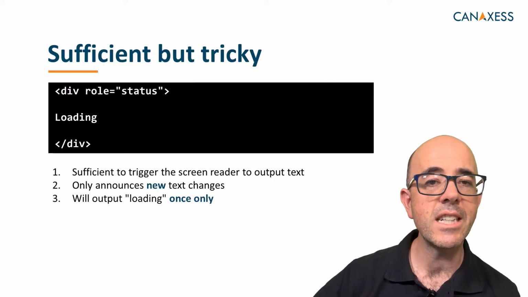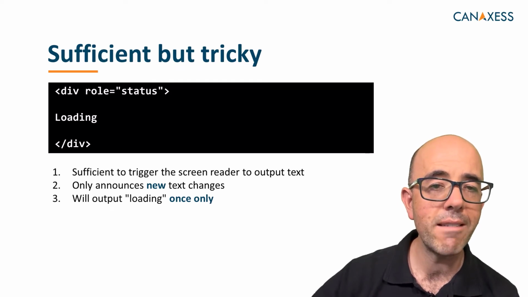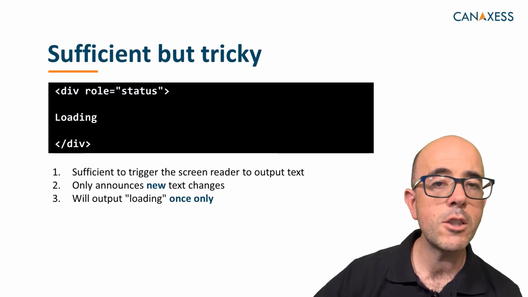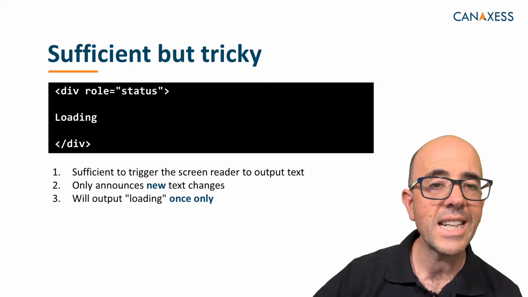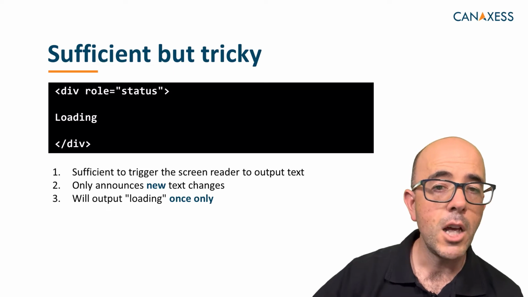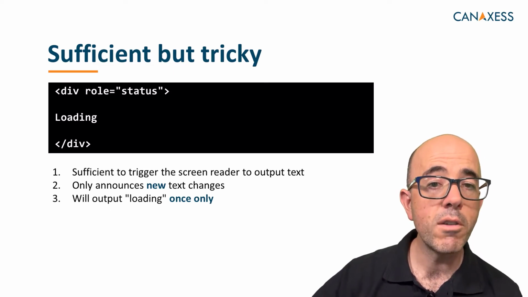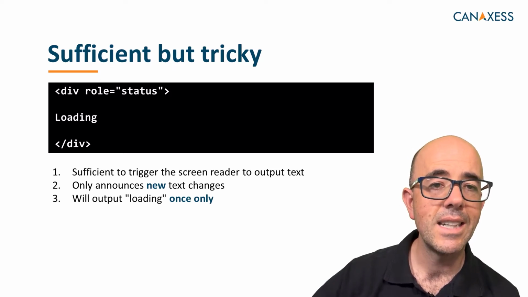Adding the text loading to this container would be sufficient to trigger the screen reader to output the text, but this is where it becomes tricky. A live region only triggers the screen reader to announce new text changes. The first time text is injected into the region, this will be outputted. Using the word loading triggers the screen reader to output loading, providing an oral indication content is in a transition state.